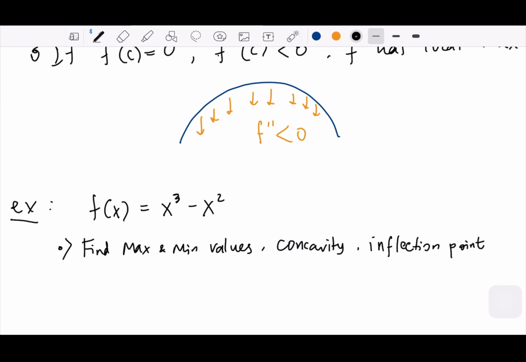And maybe a later part, the second one, sketching the curve.